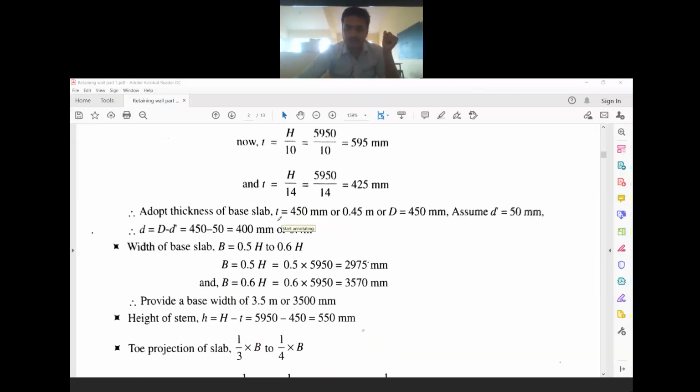There is no particular reason, we can assume. Okay. So then, if 450 mm is the thickness of the base slab, then we shall assume 50 mm as the cover, that is effective cover.